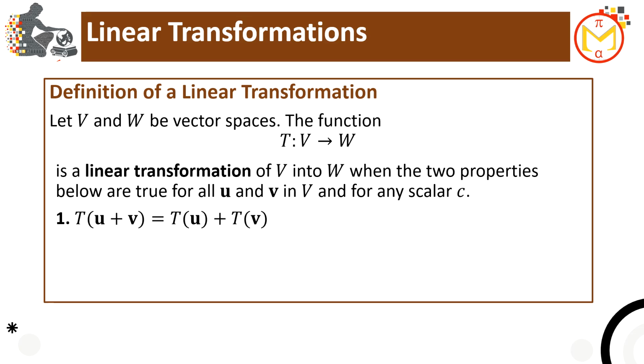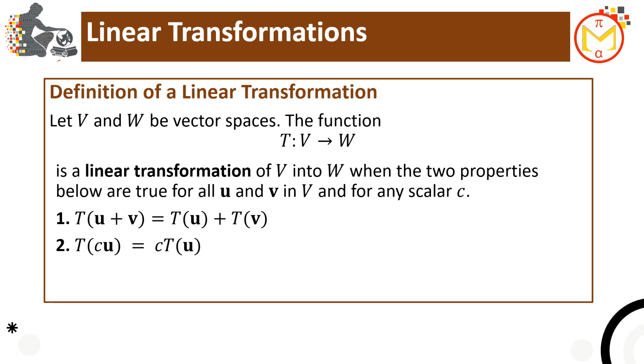The first property is the sum. If the transformation of the sum of the two vectors is equal to the sum of the transformations of the two vectors, then you can say it's a linear transformation.